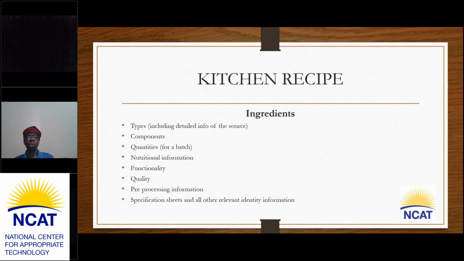Again, that's because your source may change and you want to have that documented. Components, and your quantities: as far as a batch is concerned, how much is that batch making? And again, that comes down to your price point, how much you can charge when you know how much that batch made. The nutritional information, the functionality, your quality, and then the pre-processing information.